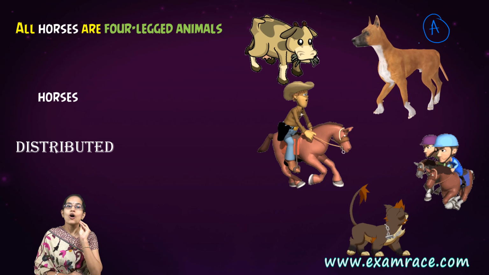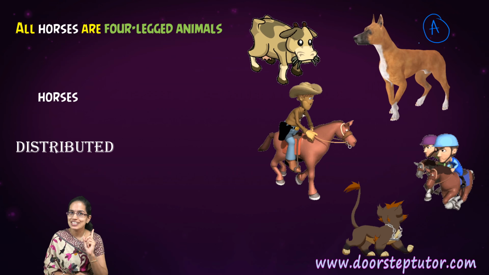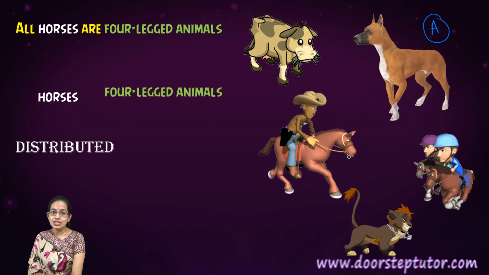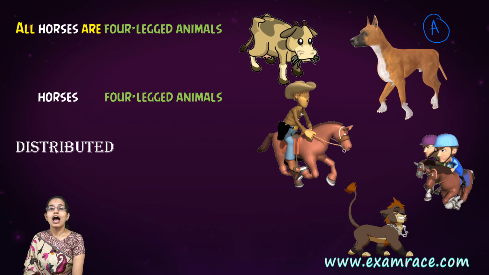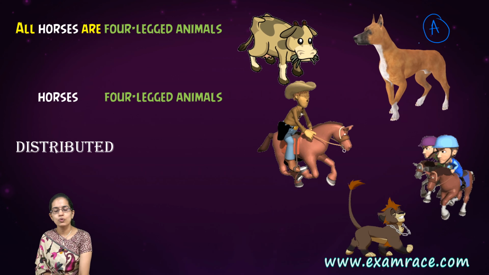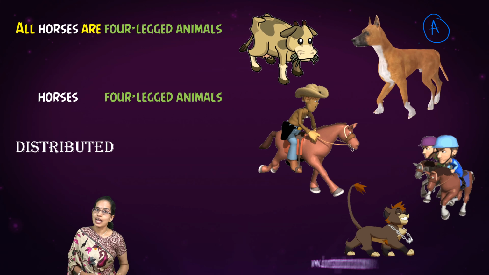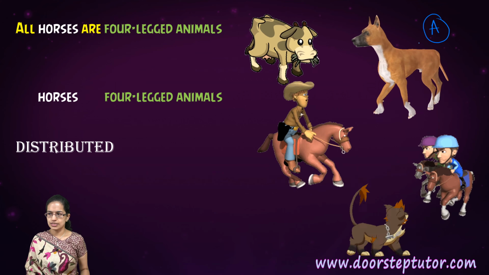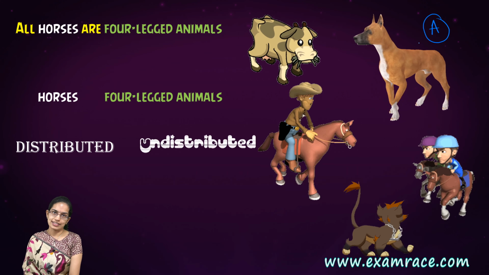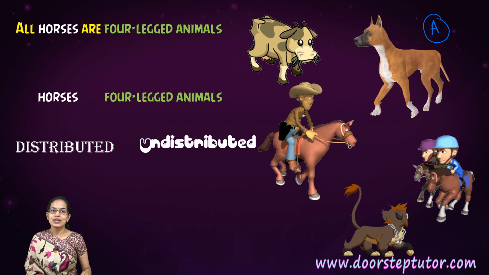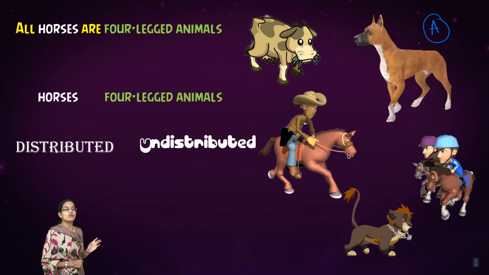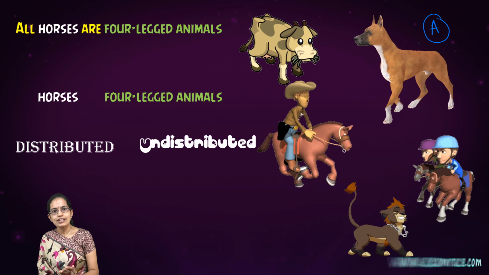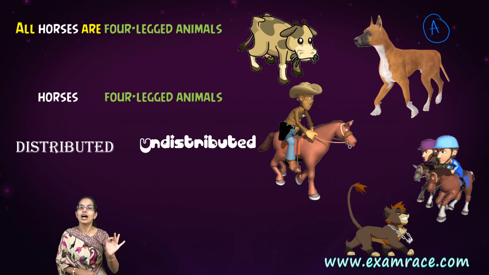So this horse term becomes a distributed term. The next term is four-legged animals, and four-legged animals would include all other animals besides horses. So there could be cows, cats, dogs, and any other animals. So four-legged animals is undistributed.